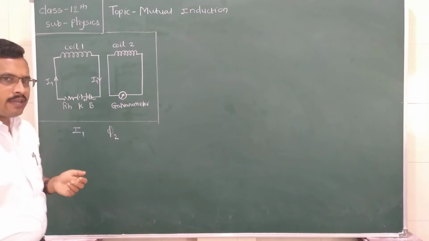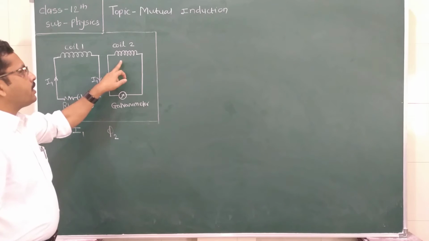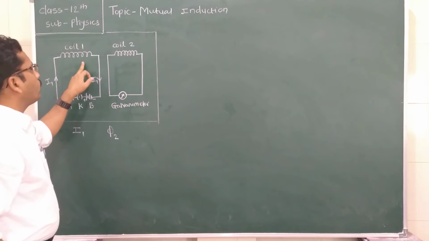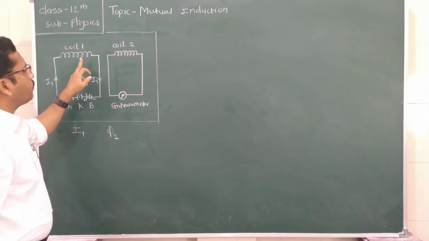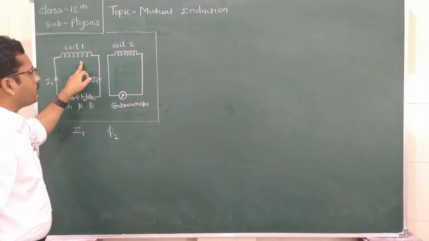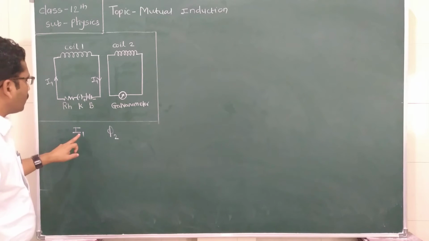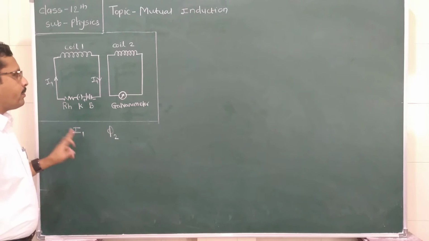So as we stated earlier, due to the effect of coil 1, this phi 2 is directly proportional to the current in the first coil.